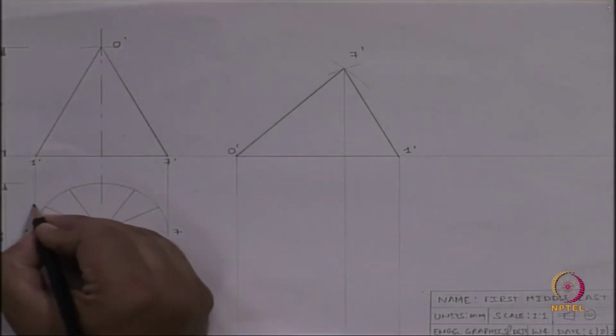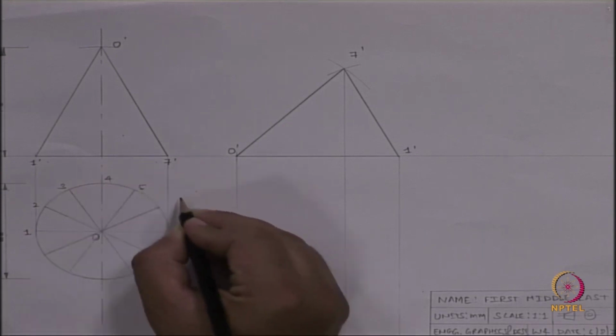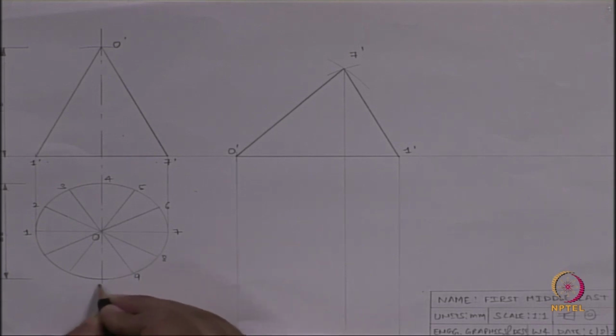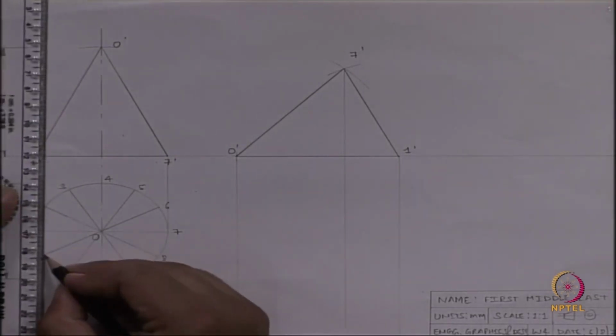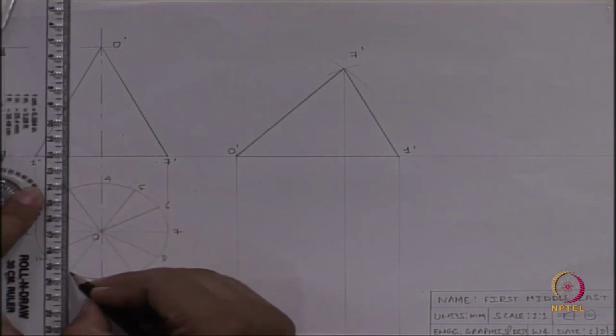Let us label it 2, 3, 4, 5, 6, 7, 8, 9, 10, 11, 12. Just get the projection of these points on front view.